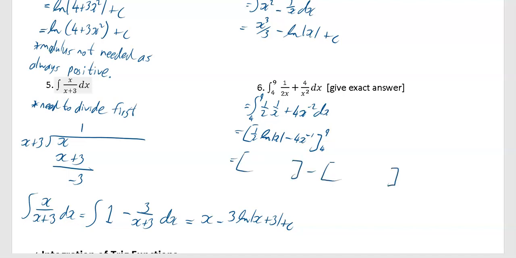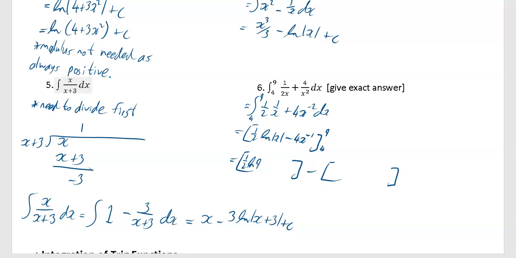And in the first one, you're going to put in x is equal to 9. And in the second bracket, you're going to put x is equal to 4. So first one, you're going to have a half ln of 9. Notice I got rid of the modulus there because 9 is already positive, so we're good.